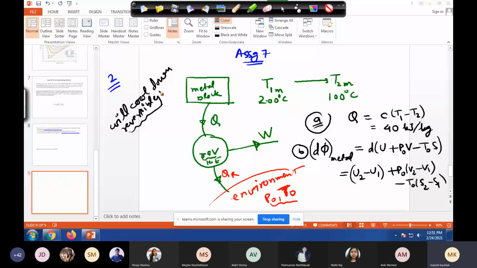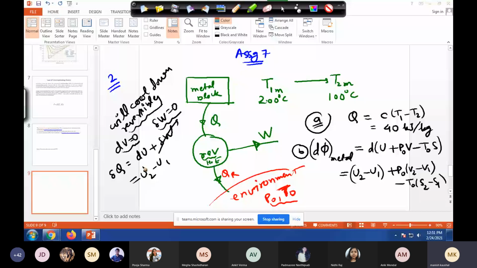So dV is 0. The moment dV is 0, work done by the metal is 0. If you apply the first law on the metal, dou Q is equal to dU plus delta W, and this term is 0. So this is U2 minus U1, written for the metal, so you have to maintain the sign.